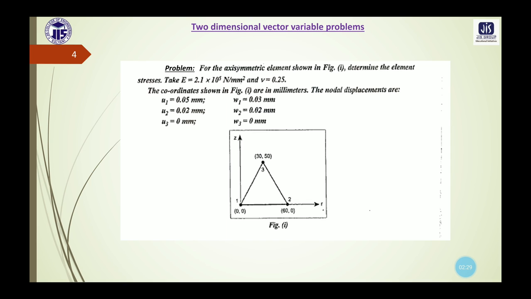The coordinates shown in this figure are in millimeters, and the nodal displacements are given: u1 is 0.05 millimeter, u2 is 0.02 millimeter, u3 is 0 millimeter, and w1 is 0.03 millimeter, w2 is 0.02 millimeter, and w3 is 0 millimeter. So these are the things given in this numerical.